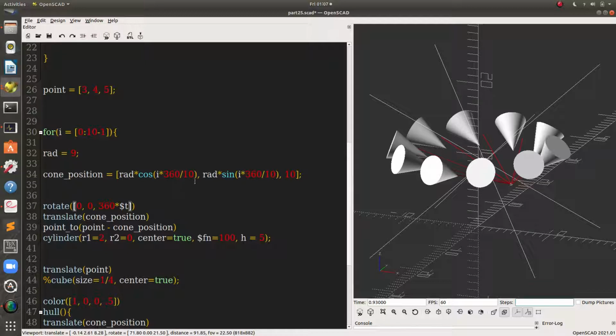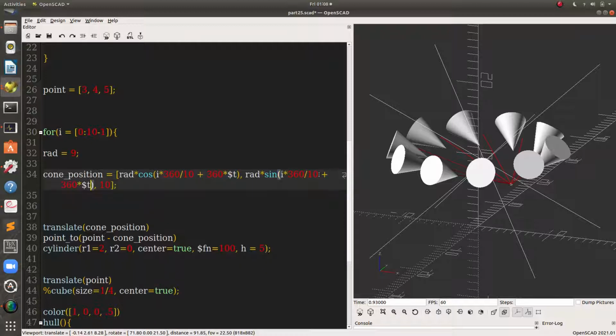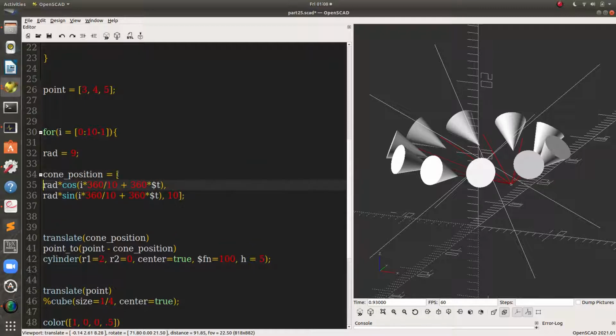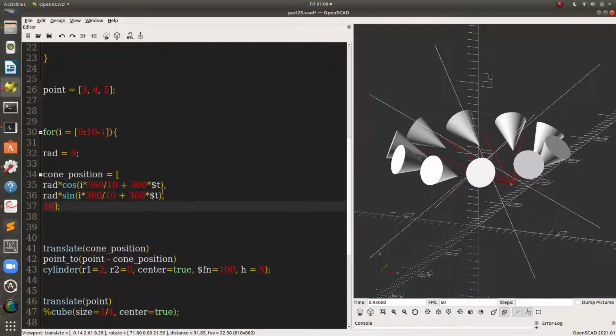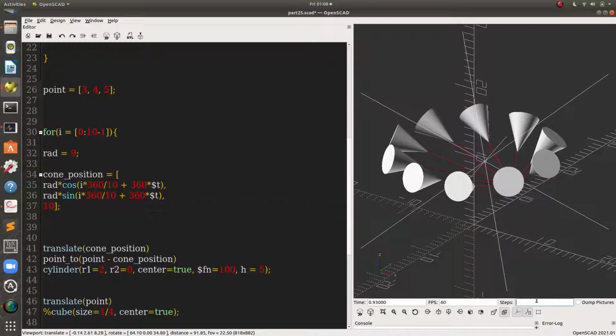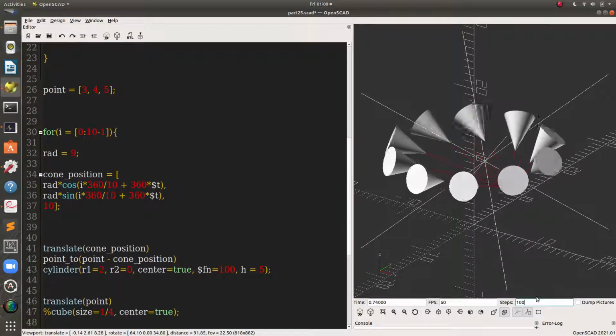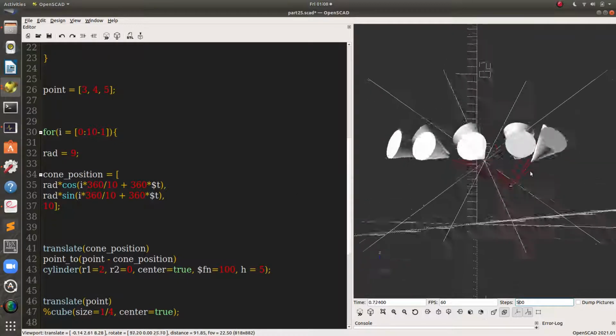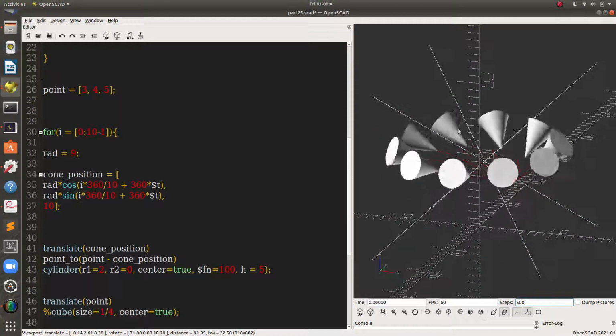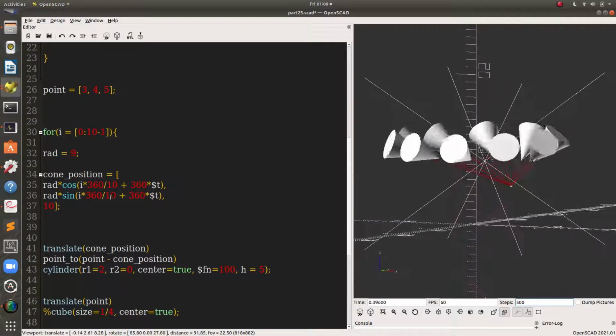Huh, funny. Actually, I can add plus 360 times $t, and that should do the trick. This part's not strictly necessary, it's just me having fun with it. Okay, so now they're going around in a circle, but they all stay pointed at this one spot.